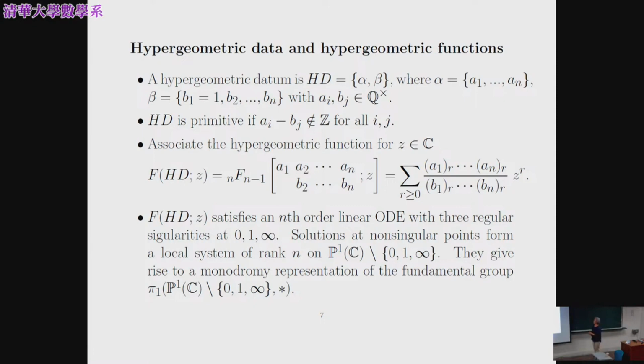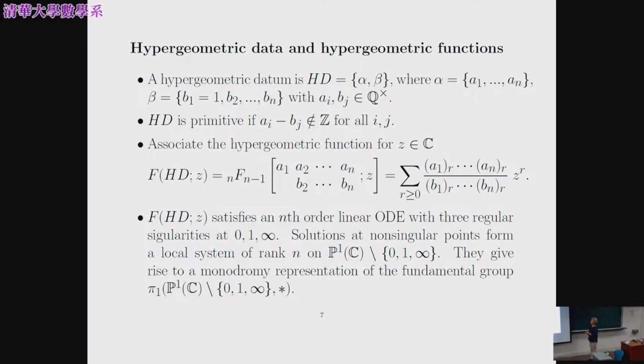But this nFn-1 is the analytic viewpoint. Since I'm also interested in arithmetic, I'll be more careful in choosing the parameters, the a_i's and the b_j's. We are going to choose these a_i and b_j as non-zero rational numbers.